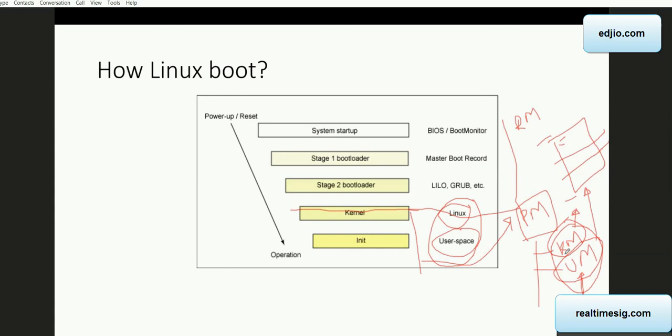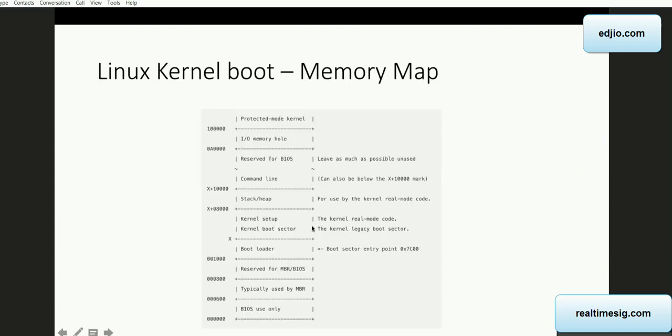Okay, so as soon as the bootloader loads the kernel into the RAM, the structure of the RAM will look like this. This is the zero address, this is continuous, and as you go up, the address increases. The structure of memory that you are seeing here is defined by the Linux kernel.